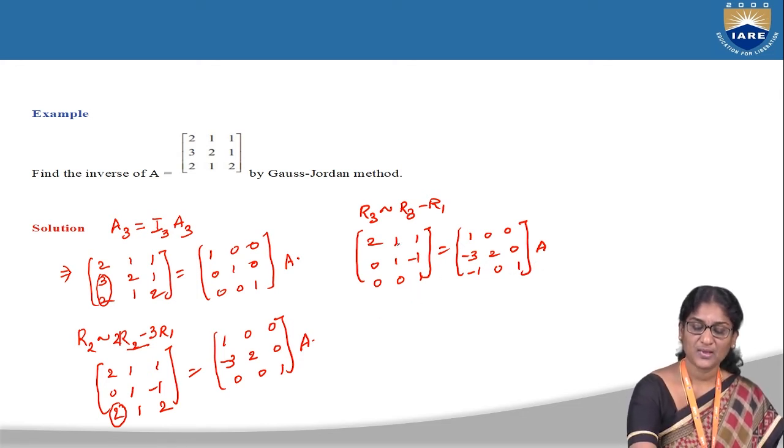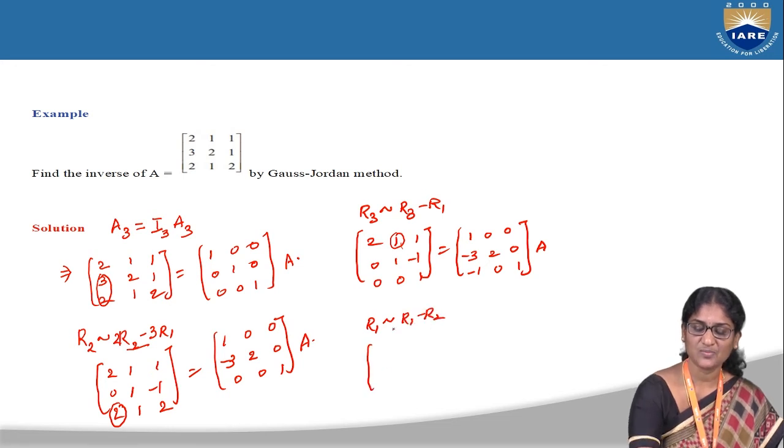Now next, I'll go for the first row second element. I'll try to make it 0 by using R2. So I can reduce this by R1 minus R2. I can use this operation to make this element 0.